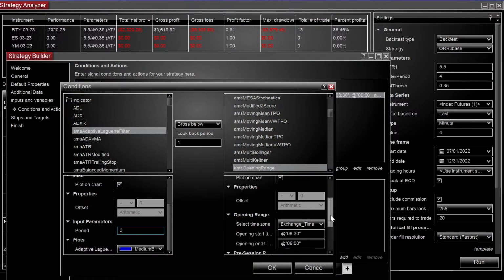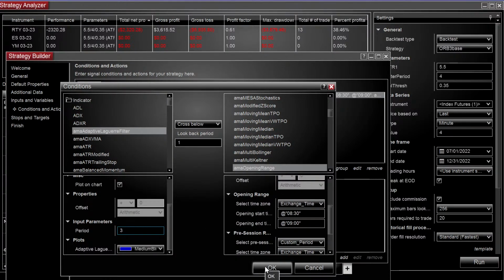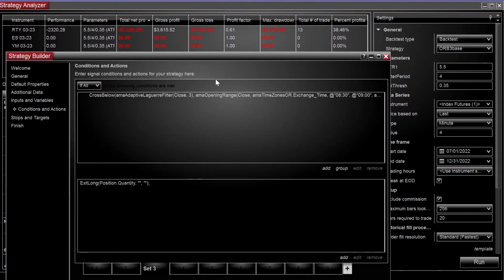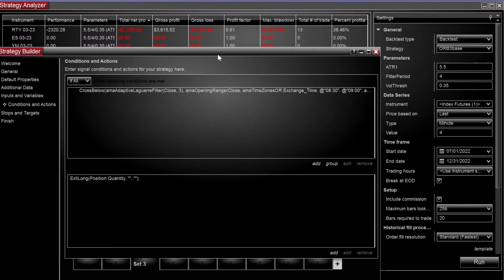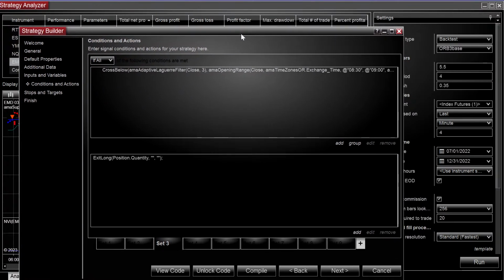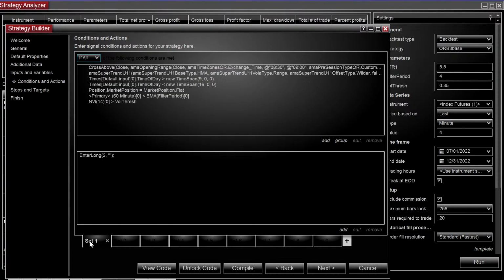For now, let's look to incorporate the other rule and see if that improves our baseline results. And I just want to experiment with the higher volatility threshold first.